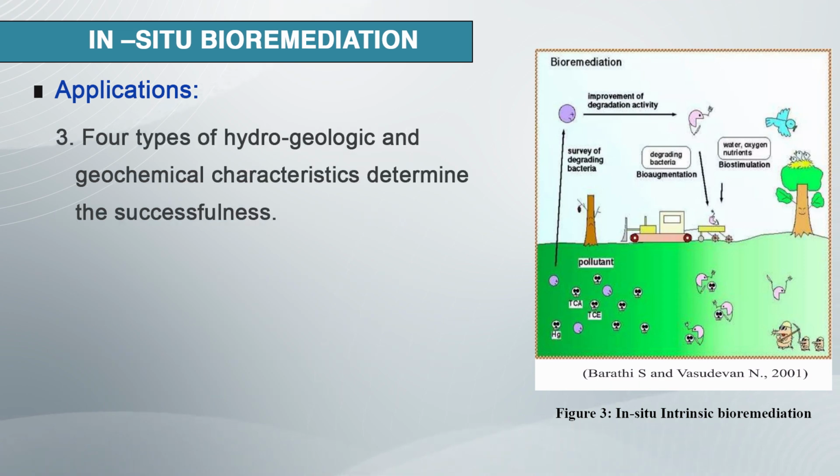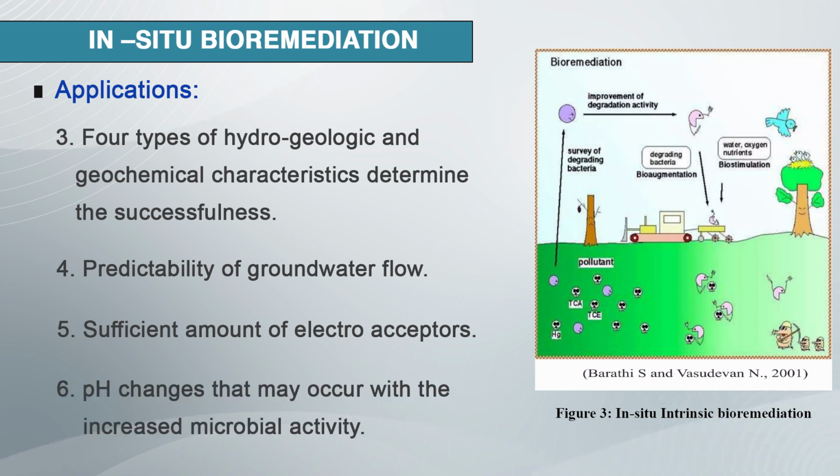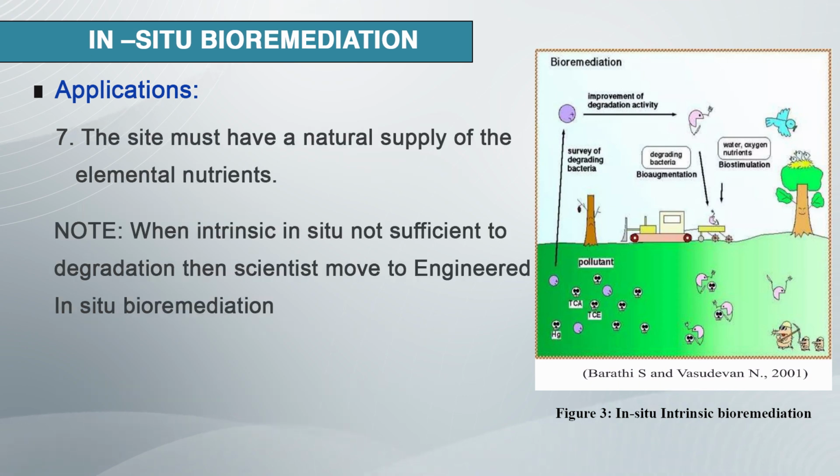Four types of hydrogeologic and geochemical characteristics determine the success of intrinsic bioremediation instead of an engineered cleanup system: predictability of the groundwater flow, a sufficient amount of electron acceptors, adequate buffering capacity against pH change that may occur with increased microbial activity, and the site must have a natural supply of elemental nutrients.